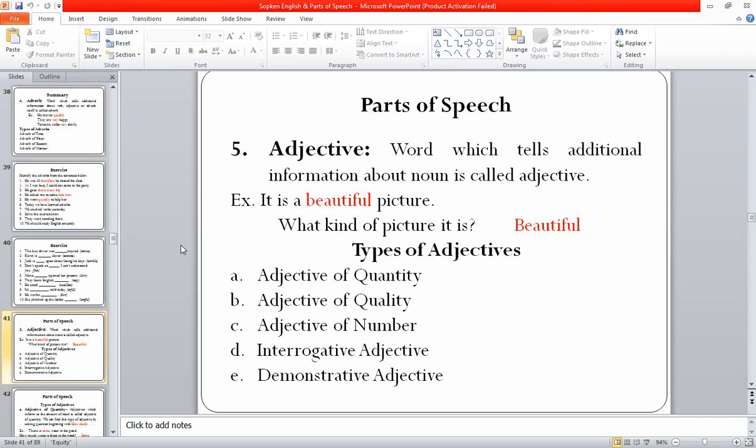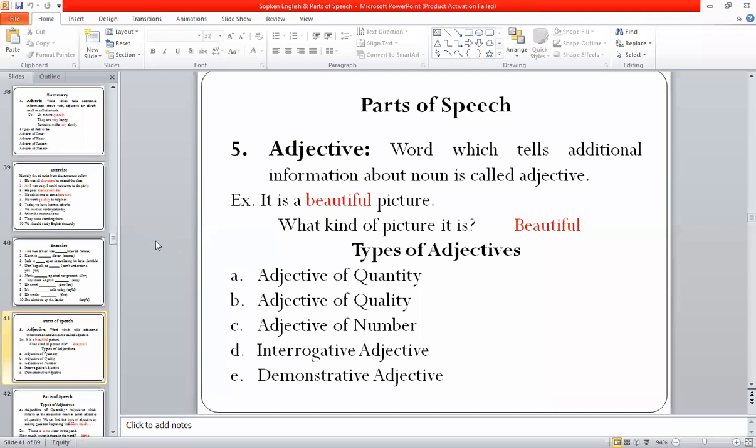So we were up to this. Okay, in the last lecture we reached up to this point. So what types of adjectives? Adjective of quality, quantity, number, and interrogative and demonstrative adjective.